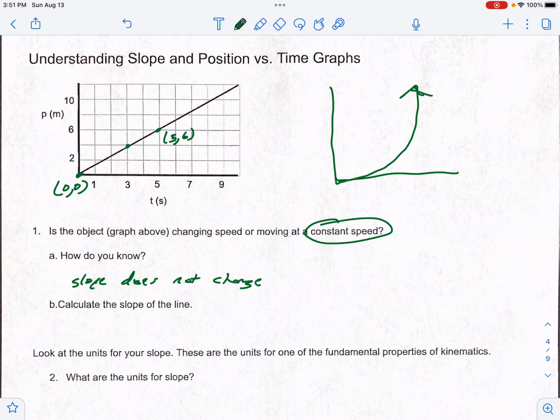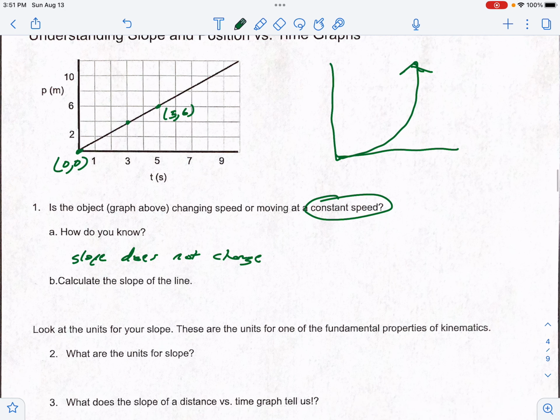But for this sake, I used 5, 6. So for my slope, y2 is 6 minus y1 is 0, over x2, which is 5 minus 0, so 6 over 5. I can't leave it in fraction form, so just calculate that out.